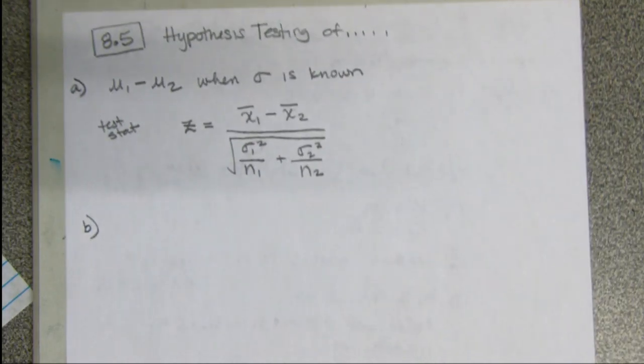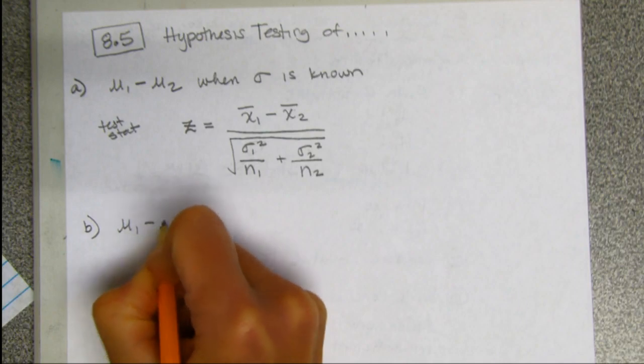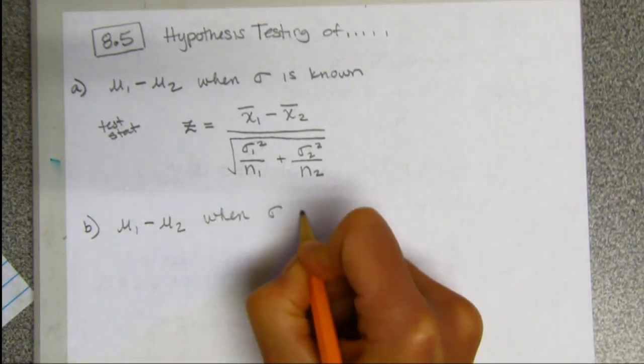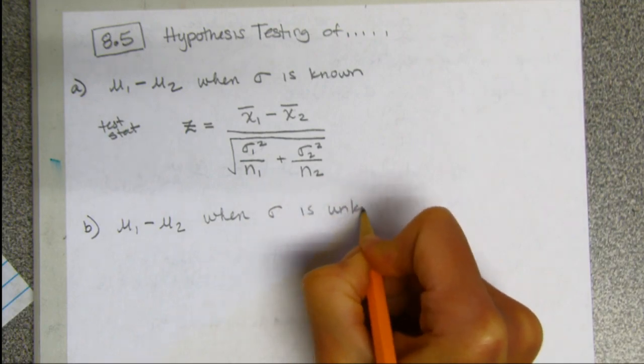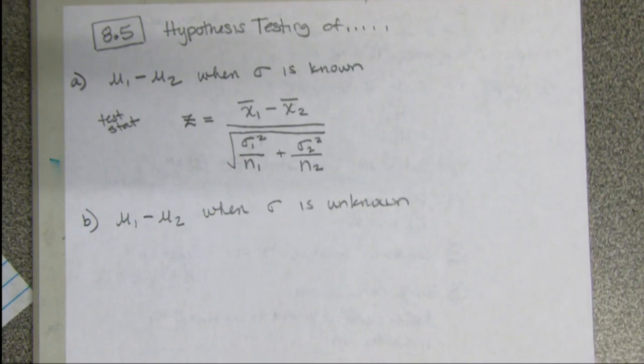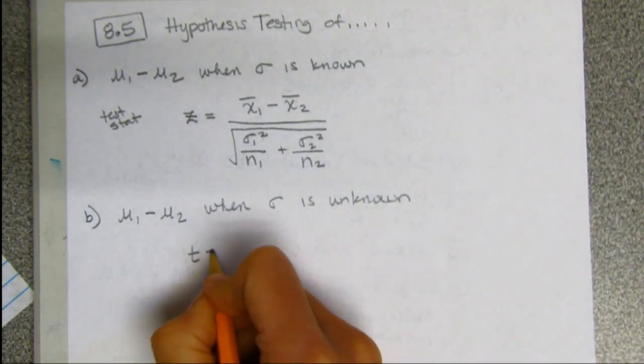Our second type of hypothesis testing in 8.5 is mu1 compared to mu2 when sigma is unknown. All right, this is going to be a t-value.